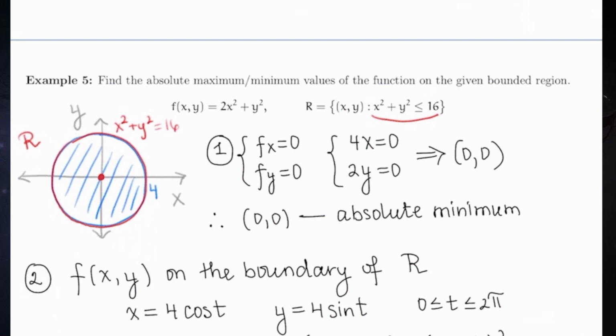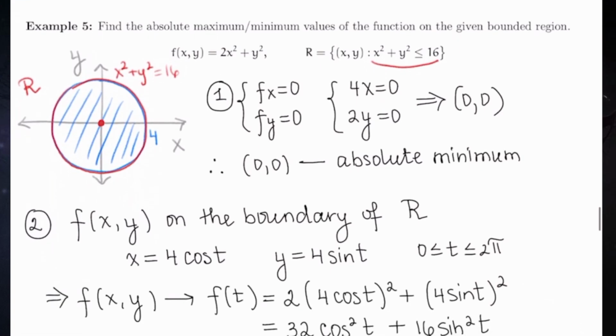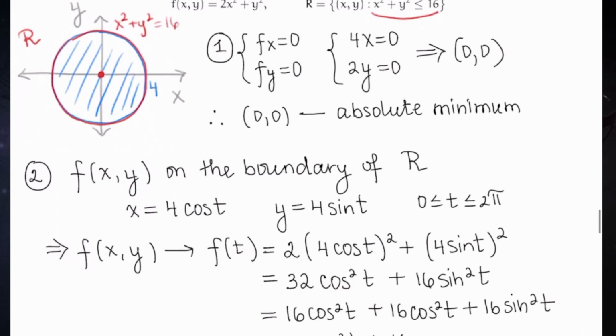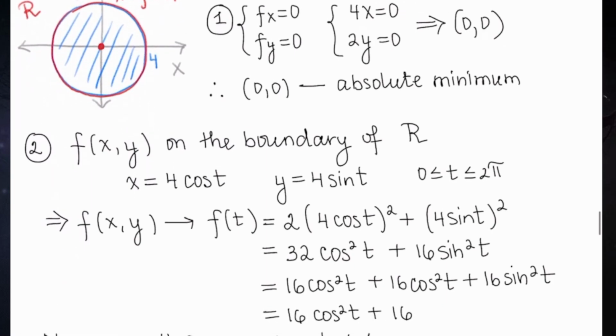If that is my parameterization, then I can also use it to rewrite my function in terms of t. Instead of looking at the function in terms of x and y, let's rewrite it in terms of t, plugging in this for x and this for y.